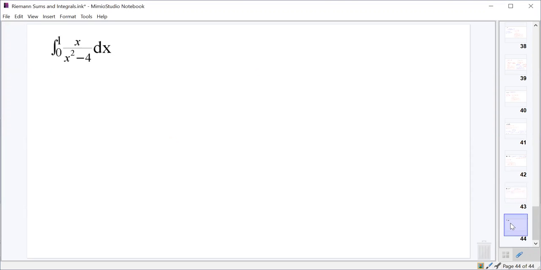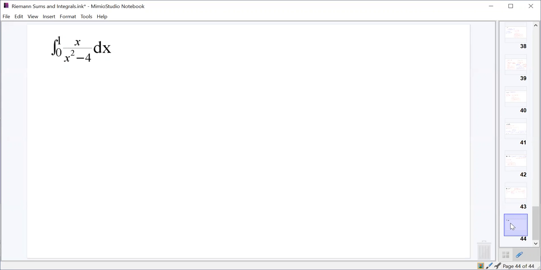Last one for today. Integral from 0 to 1 of x over x squared minus 4. So what's the substitution we're going to make here? The denominator piece of it, the x squared minus 4, because its derivative looks similar to x.